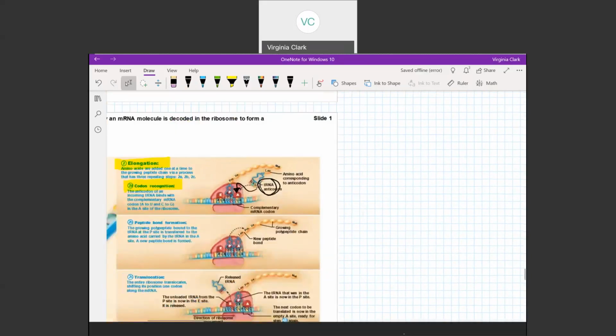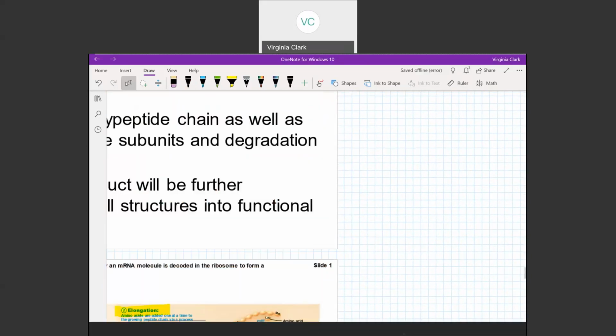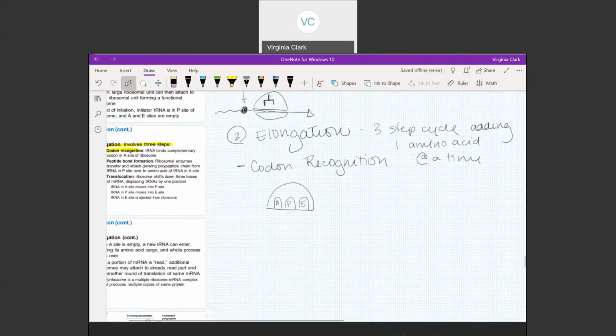I did my exit side on the wrong side, so we're going to split this. It goes like this: A, P, E. It goes in this direction. I was drawing it the other direction, but to match your image, we're going to do this. So with codon recognition, you are going to add the complementary codon.